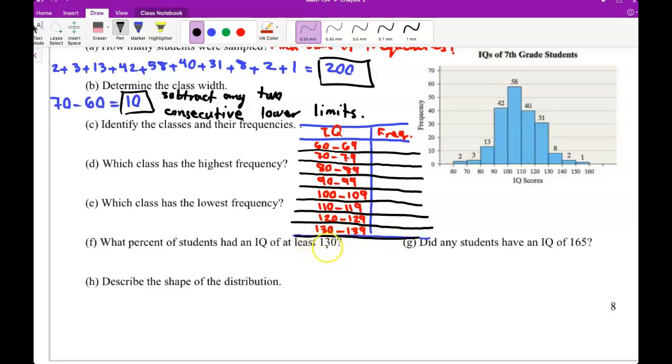Okay, I have 2 more classes, so I'm writing that part here. Okay, we have 140, 149, 150, 159.